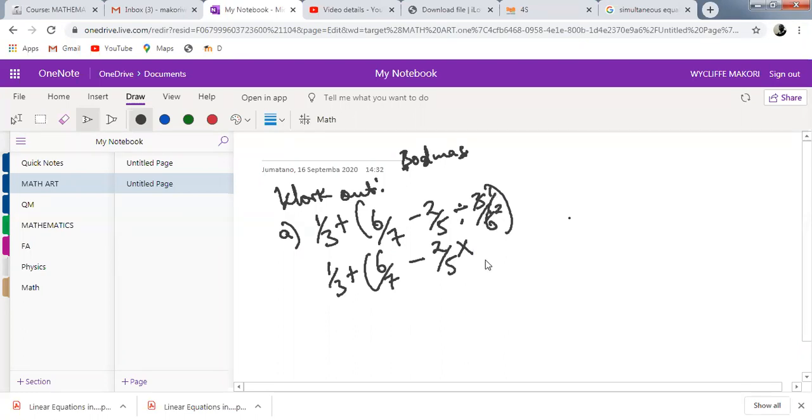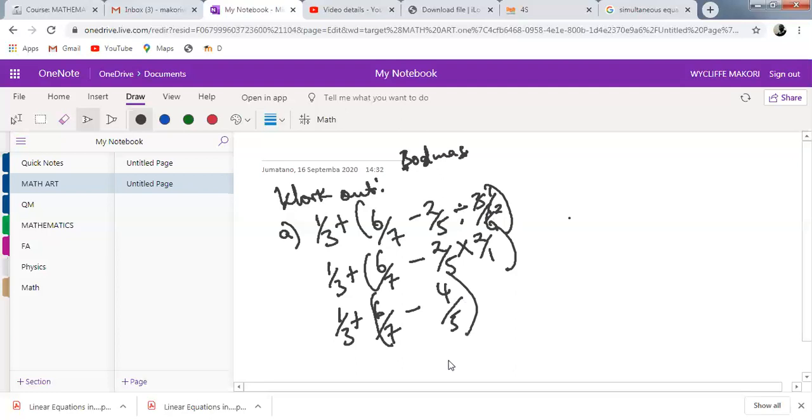So we introduce the multiplication sign here, and multiply with the reciprocal of the second fraction. Then we have 1/3 plus 6/7 minus 2 times 2, which is 4, over 5 times 1, which is 5.